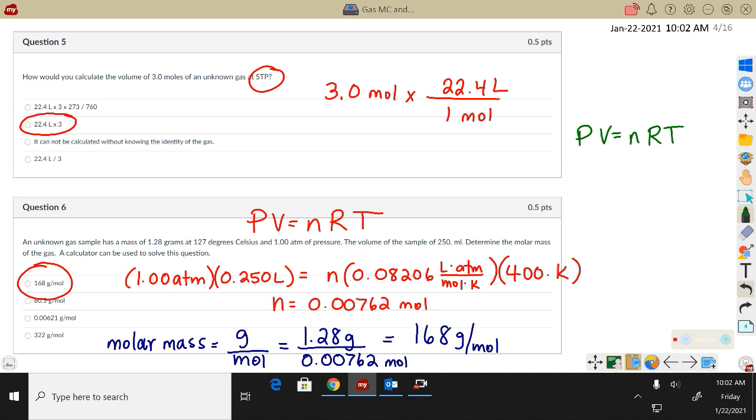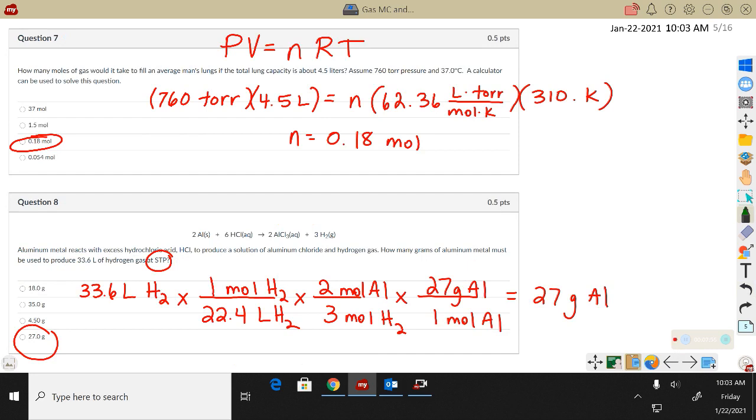I'm going to want to use the version of R that's also in atmospheres so that these match. But then all of your other units do need to match the units on the gas constant R. So your volume must be in liters and your temperature must be in Kelvin. Then it's plug and chug. I can solve for moles, and then molar mass is grams per mole. Bingo, 168.